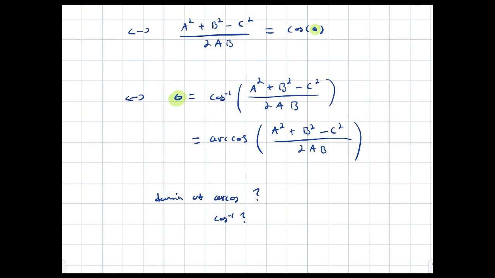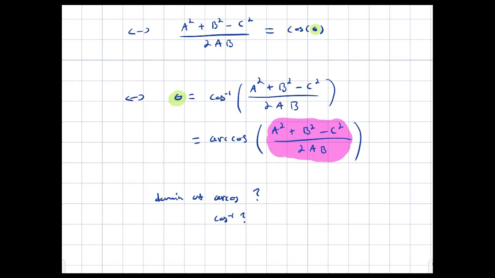We didn't really pay any attention to this. I just assumed I could take arc cos of this stuff. We have tons of videos on inverse trig functions and their domains and ranges, how to graph them, and how to construct them in the first place. When are they invertible? If you want to think a little bit ahead, either go take a look at those videos, or think about this for yourself.